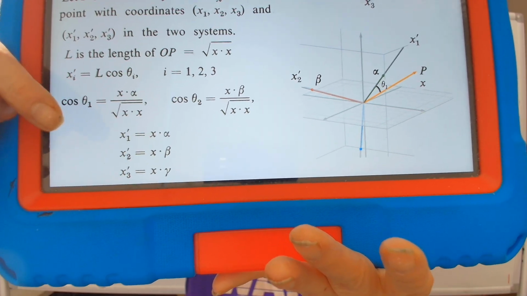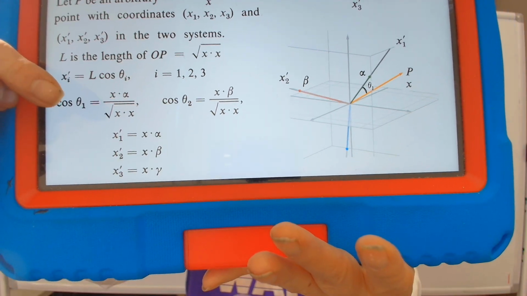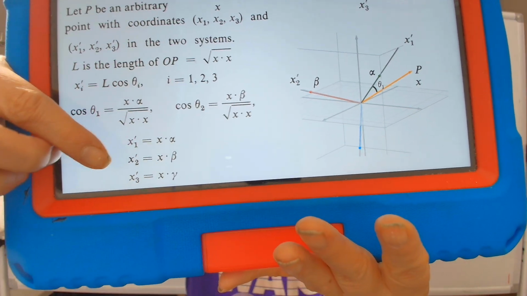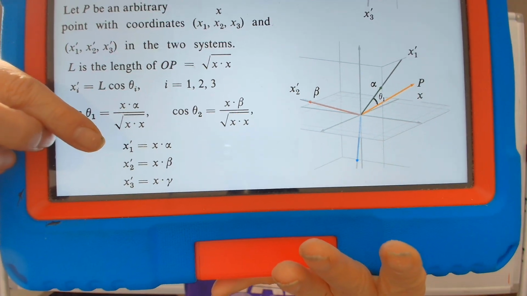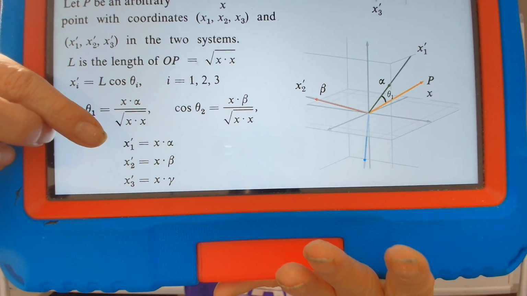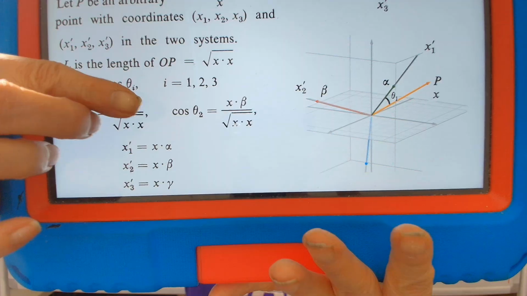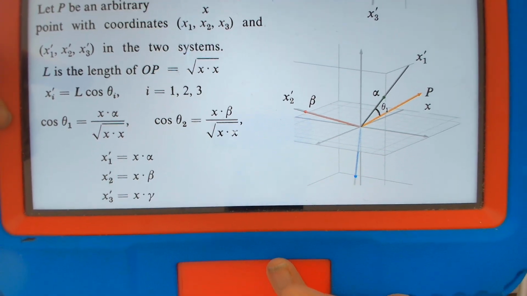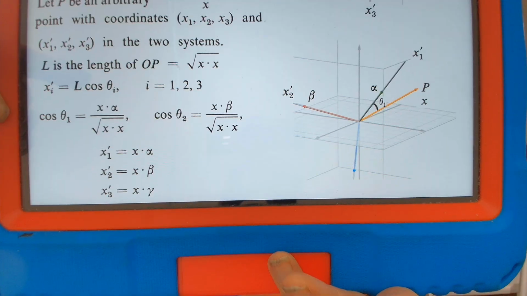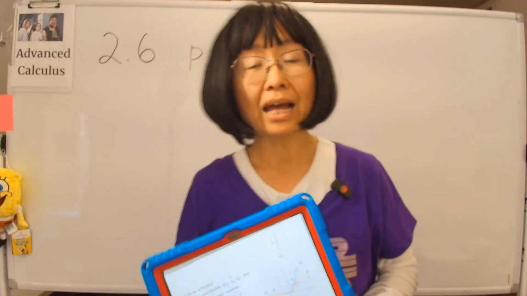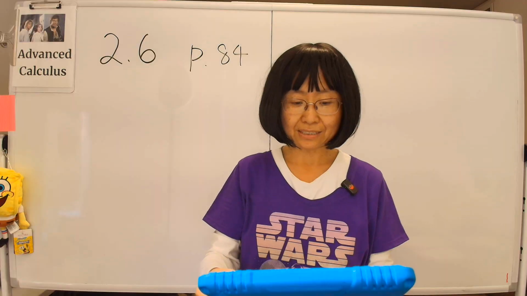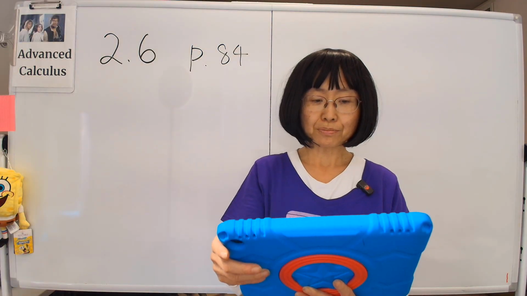So all we have to do is divide by the magnitude of x, and we get cosine theta 1. We substitute it in here to get the first formula, which is x1 prime is x dot alpha. Similarly, cosine theta 2 is x dot beta divided by the magnitudes, so x2 prime is x dot beta, and x3 prime is x dot gamma. So that is how the principle applies.